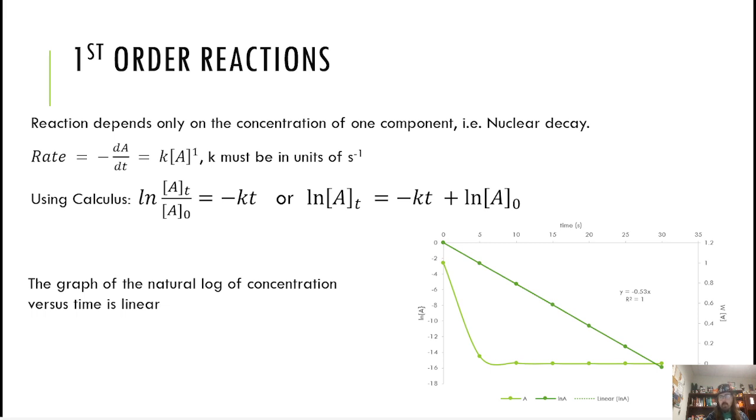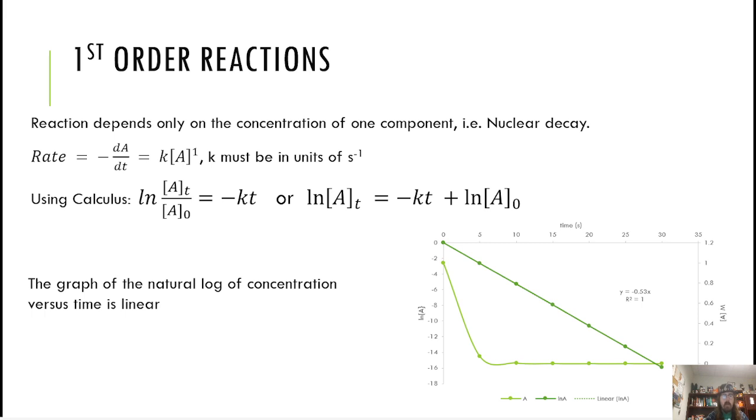When we get to Chapter 20, we will look at nuclear reactions. Nuclear reactions always follow a first-order decay mechanism, meaning that the rate of decay directly depends on just the concentration. We can't speed it up, can't slow it down. It just decays at a constant speed.